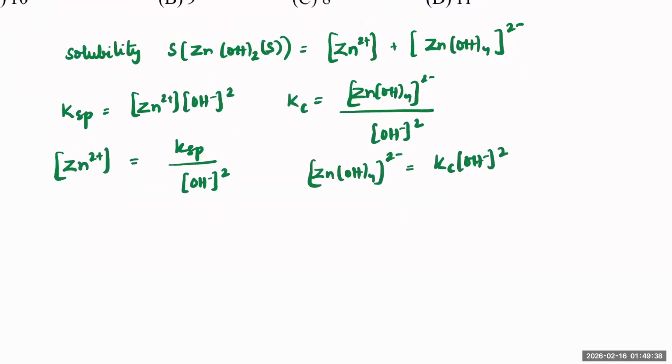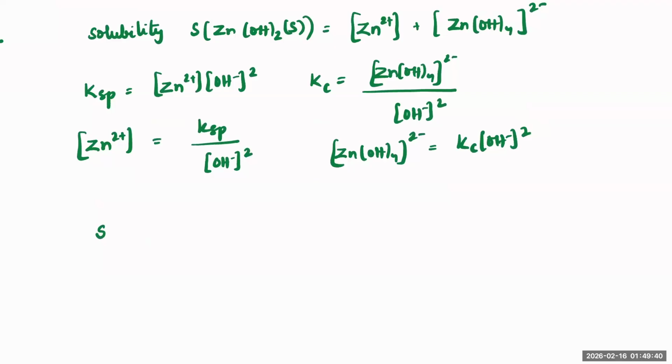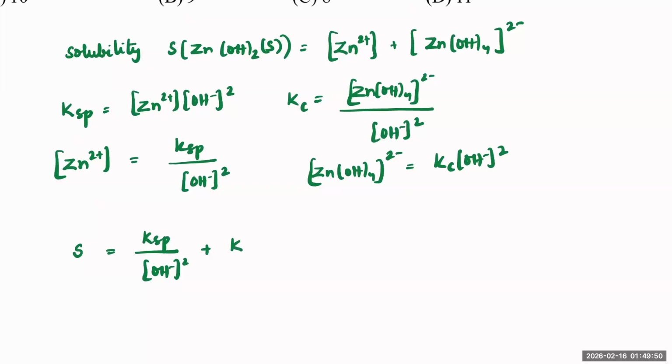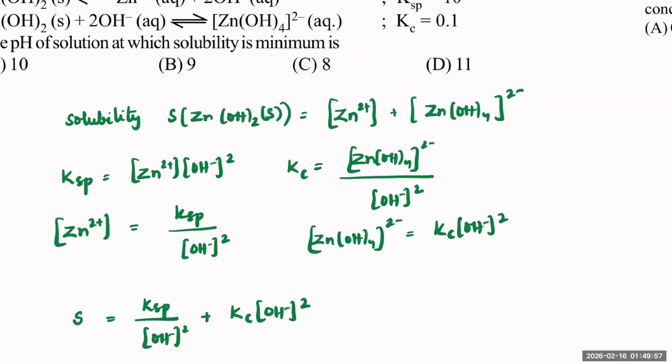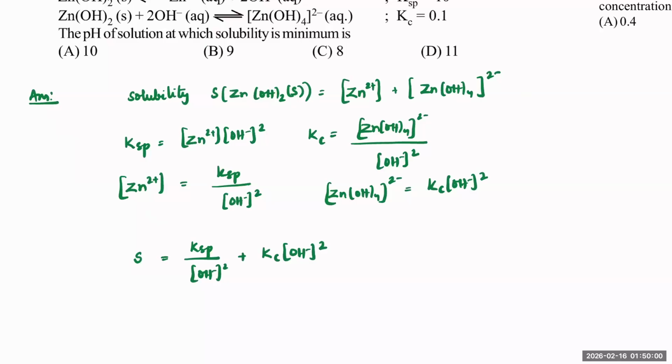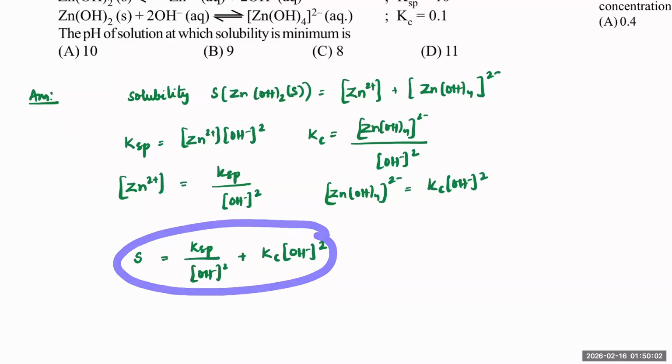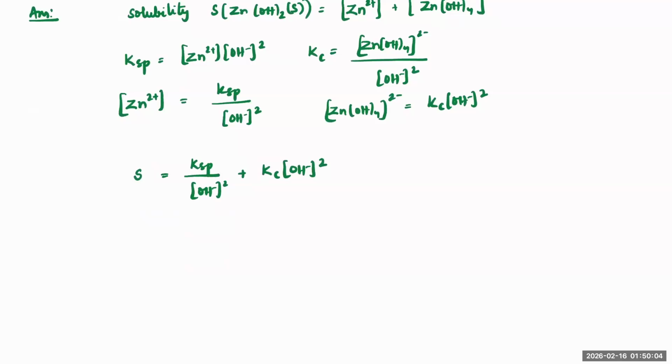So now, if you put them back here, solubility will be equal to Zn2+ concentration, which is Ksp divided by OH- square, plus, in the second case, Kc into OH- whole square. Got it? Now we have an equation solely in terms of OH-. We can say that the differential of solubility with respect to OH- has to be 0 at a minimum.